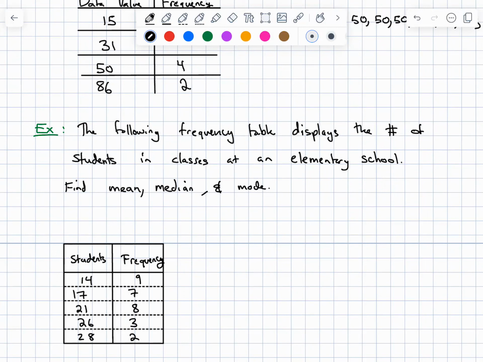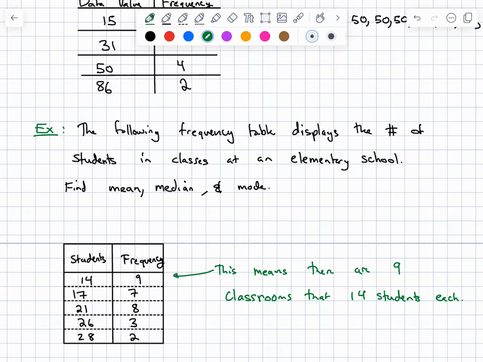But this 14 and 9 means there are 9 classrooms that have 14 students each. That's how you interpret this chart.